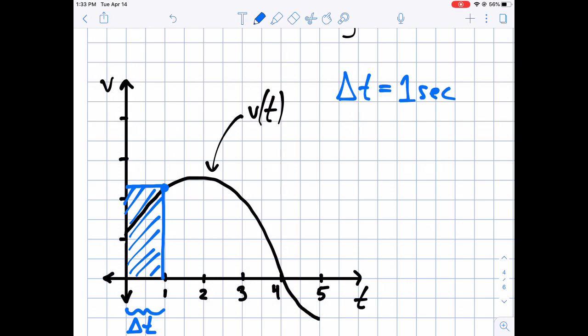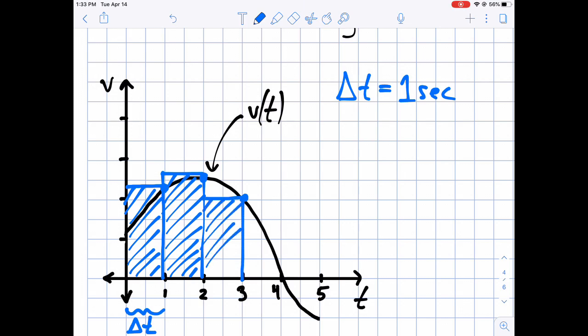I could do the same thing here at time t equals 2. I'm going to assume that our velocity is constant, take the velocity at that interval in time, and multiply it by the base width, again delta t. I can go here to 3 seconds, and again, if I assume that the velocity is constant, then this is the total displacement on that time interval, and do it one more time here.